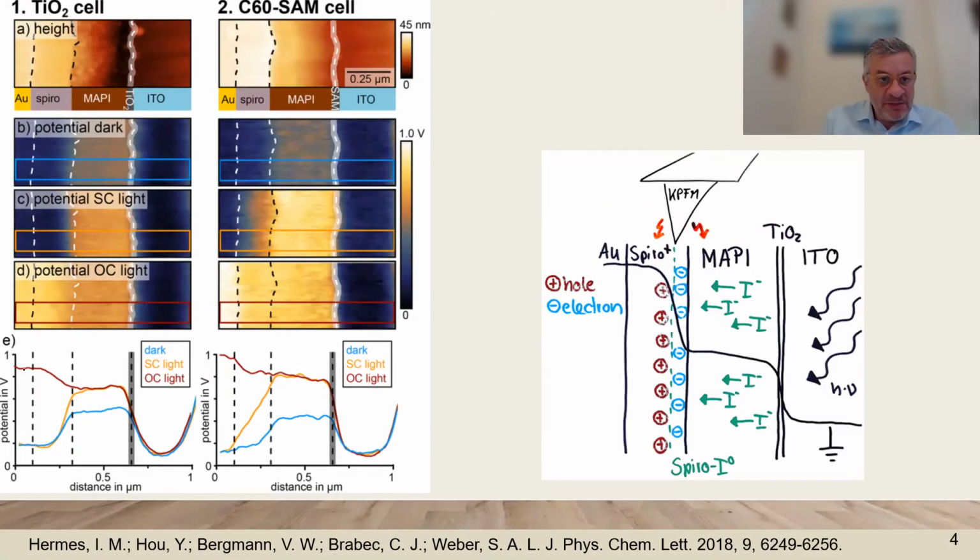So this is one example showing in dark the equilibrium of potential, and under illumination the photopotential is reaching this value with respect to the other electrode.